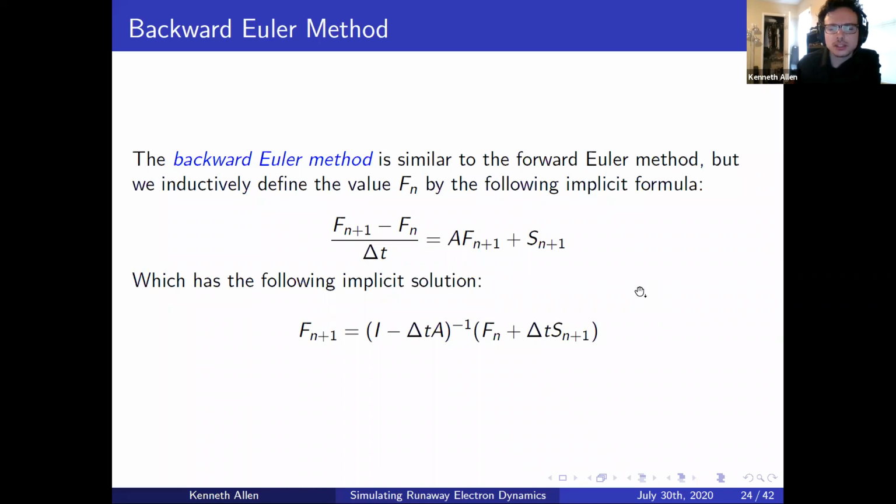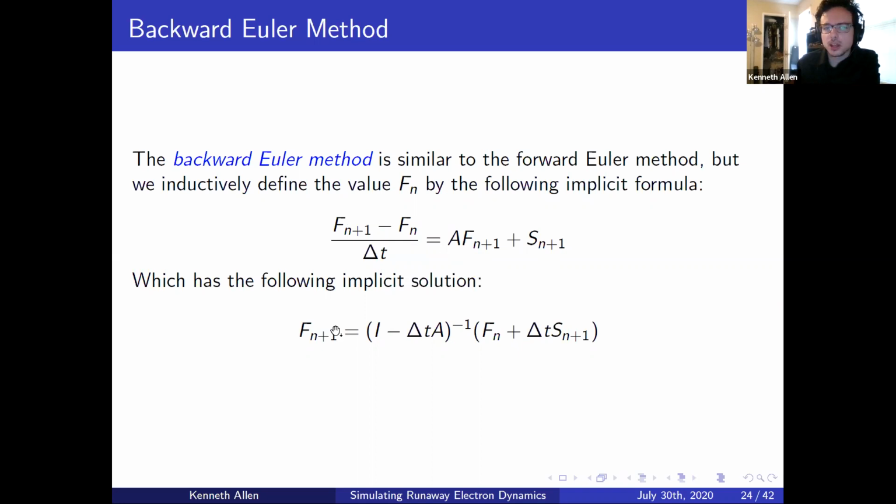Okay, so that was the forward Euler method. The backward Euler method is similar to the forward Euler method, but we define f n plus 1. Similarly to before, we discretize this time derivative as a finite difference, but we do so in an implicit way, in that this is equal to A times f n plus 1 plus s n plus 1, whereas for the forward Euler method, we had the same left-hand side, but on the right we had f n plus s n.